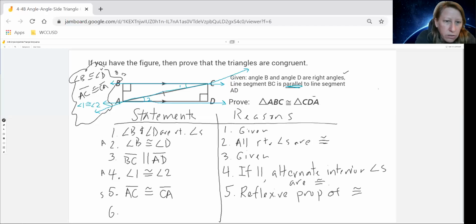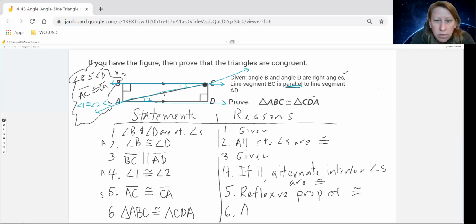So I showed a pair of angles, another pair of angles, and a side not included. So I am done. Triangle ABC is congruent to triangle CDA. No one can argue with me. I've given evidence for all of my claims that I've put forth in my statements.